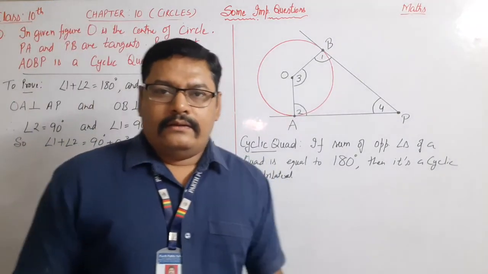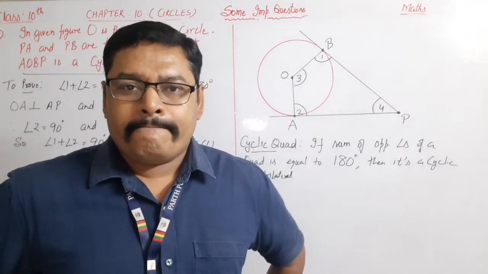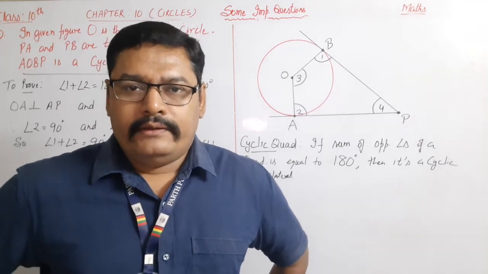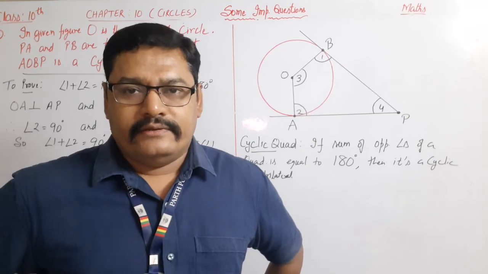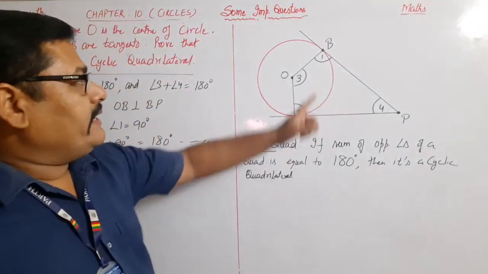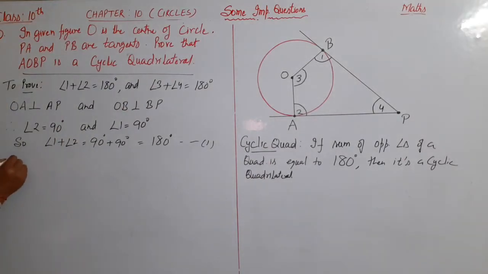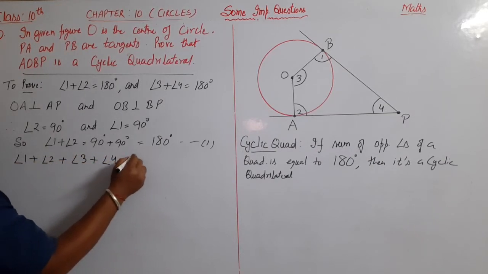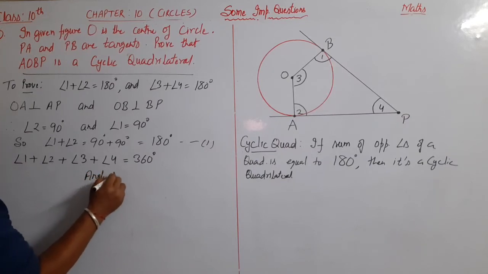We know that according to angle sum property of a quadrilateral, the sum of all four internal angles of a quadrilateral is 360-degree, where internal angles are 1, 2, 3, 4. Angle 1 plus angle 2 plus angle 3 plus angle 4 is equal to 360-degree. Why? Angle sum property.